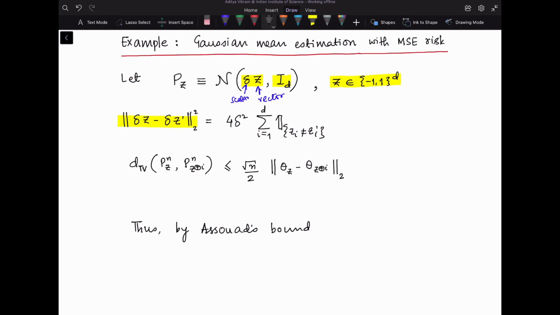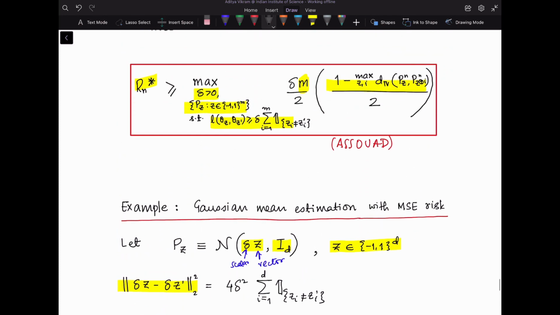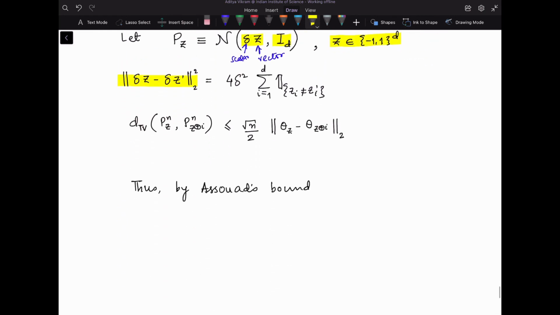Now the quantity we need to upper bound here is the total variation between Pz and the flipped version of z, where only the ith bit is flipped. This is just Pinsker's inequality.